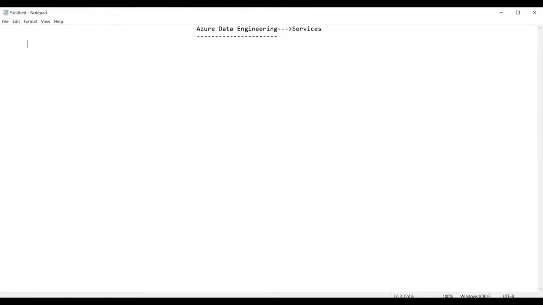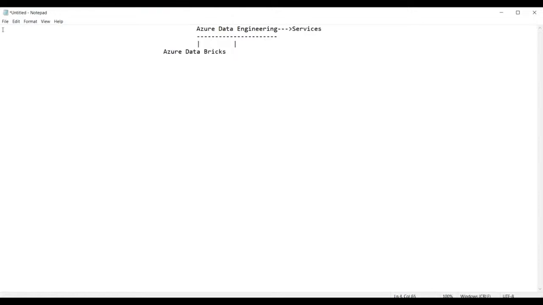Let us see what is the first one. We have the first one here as Azure Databricks.